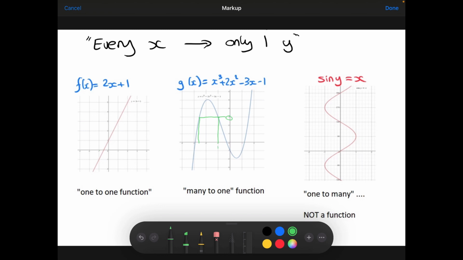So I'm substituting two different values of x in here. x has been -1 and x has been -1.6. I'm substituting two different values of x in, and I'm just getting one y value out, the 3.